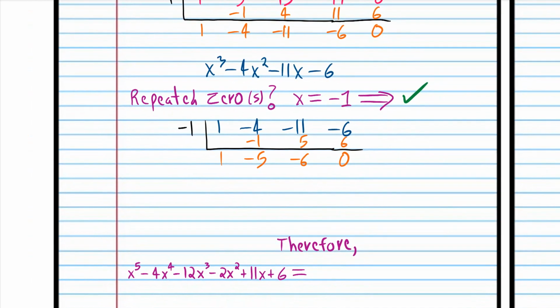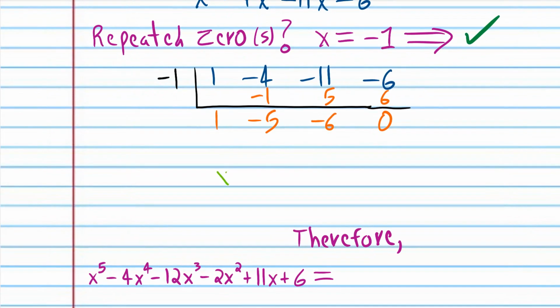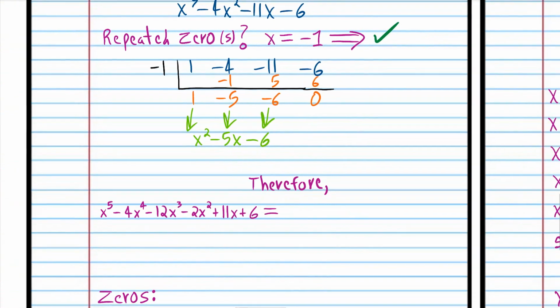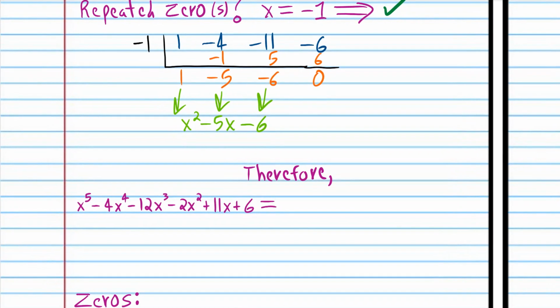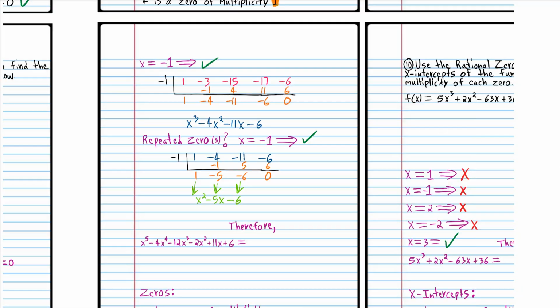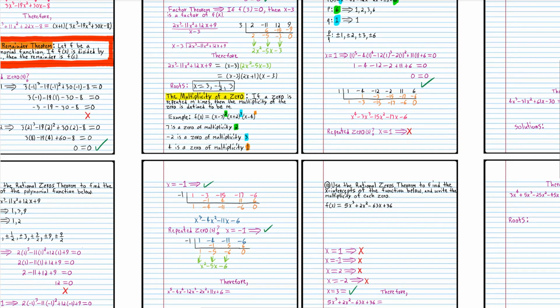So now we have a 2nd degree polynomial, and things are getting much easier now. So therefore, we can say that the original polynomial, which was a 5th degree polynomial, is equal to, what was the first 0?